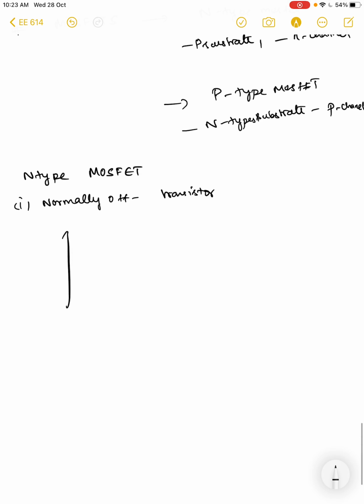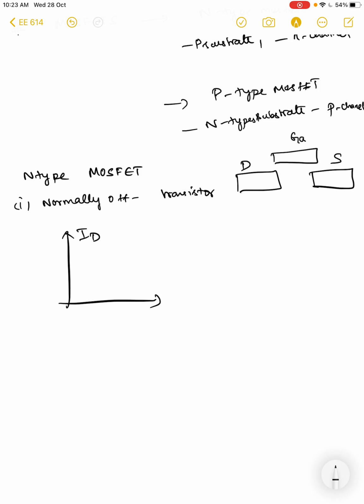So I have this kind of a characteristic. I have the drain current. Instead of the emitter and collector we saw previously, we have a drain, we have a source, and then we have a gate terminal, right? And we are talking about the drain to source current as a function of the potential at the gate.